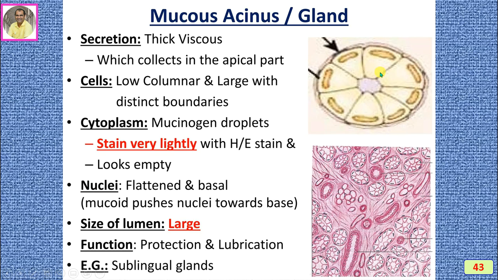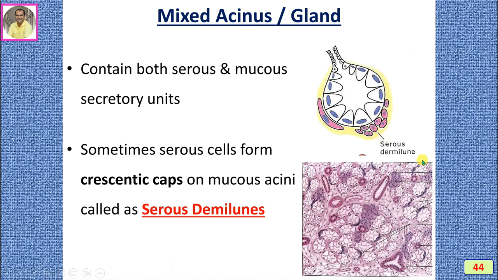Here also the outline is there, and inside there will be a lumen, and from the lumen the saliva of the sublingual glands is secreted. The function of the secretory part of these glands is protection and lubrication of the cells. Then mixed glands always have serous demilune cells, so they have crescentic caps on mucus acini. There will be a cap.